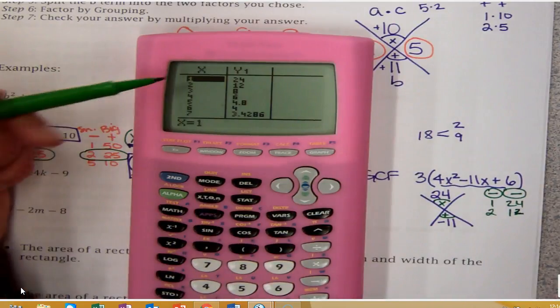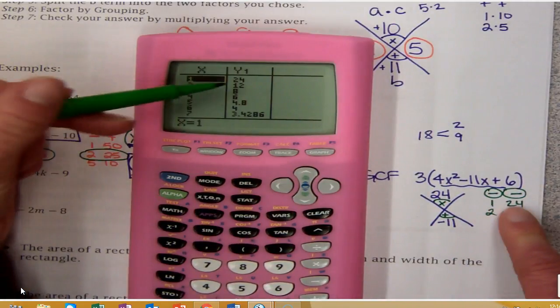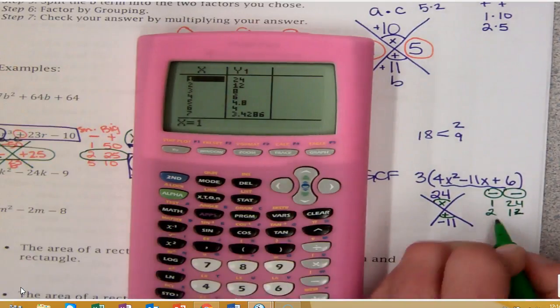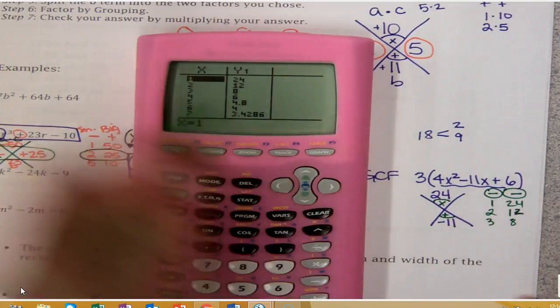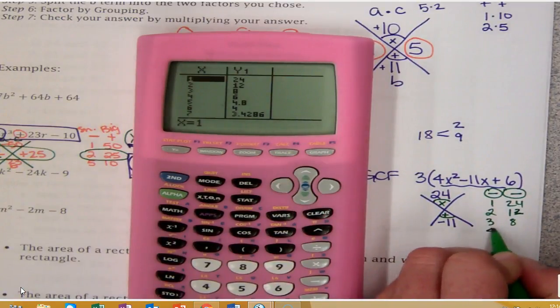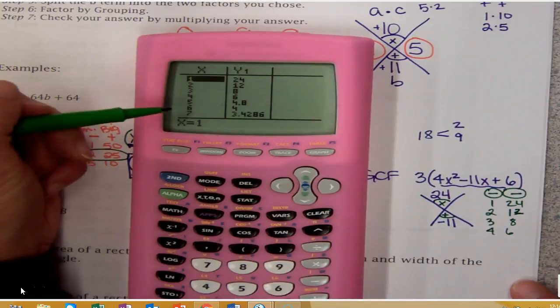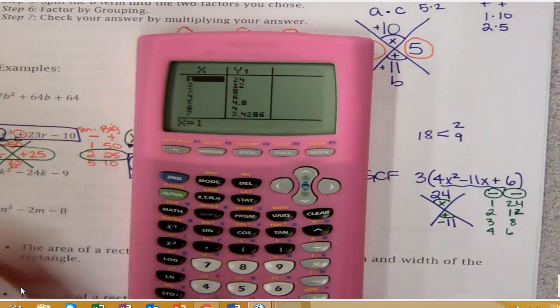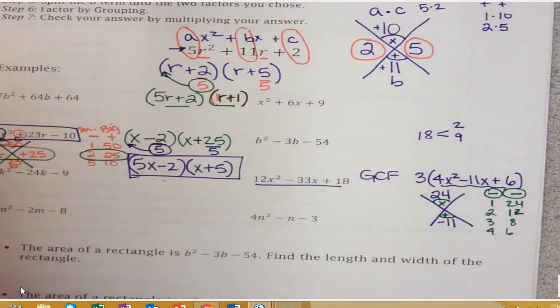I'm looking right here. When one number is 1, the other is 24. When one number is 2, the other number is 12. 3 and 8, and 4 and 6. And then it starts to repeat, 6 and 4, so I don't have to rewrite these again.